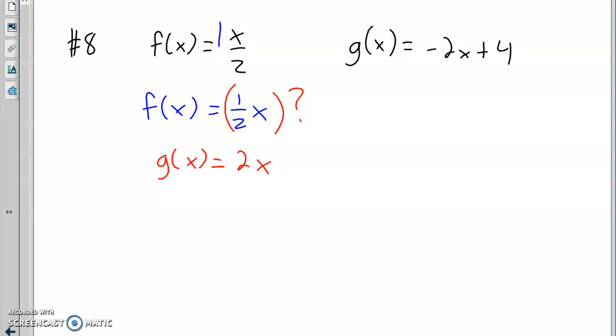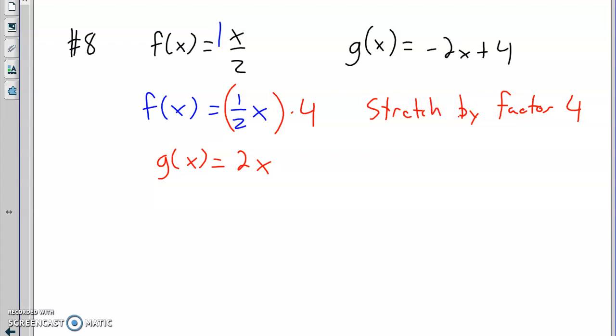Hopefully we can see that that's going to need to be a times 4. That's a stretch by factor 4. Okay, so now we have the 2x.